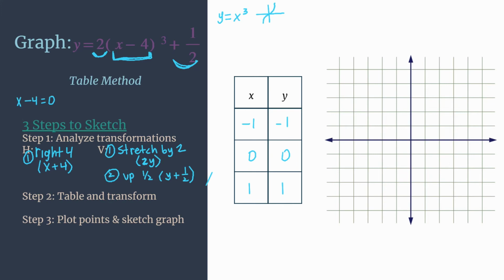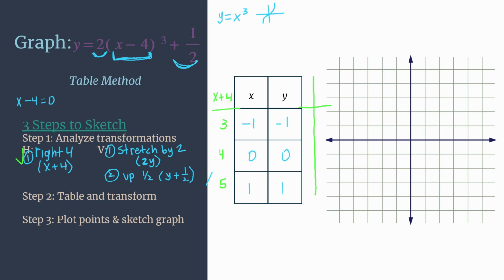All right, so let's apply our transformations now. We know we have just one x transformation where we're adding 4 to all our x's. So -1 plus 4, 0 plus 4, and 1 plus 4. So that takes care of our horizontal transformations. And now we can do our 2 vertical transformations.